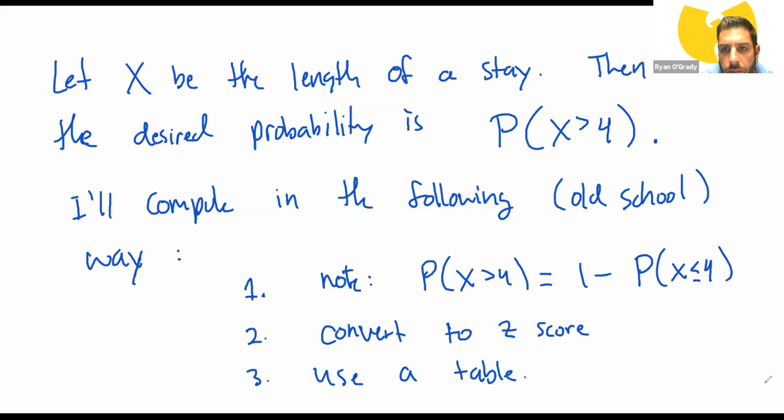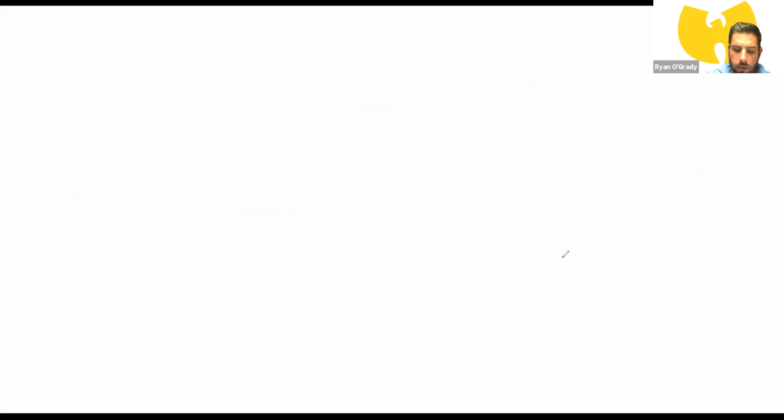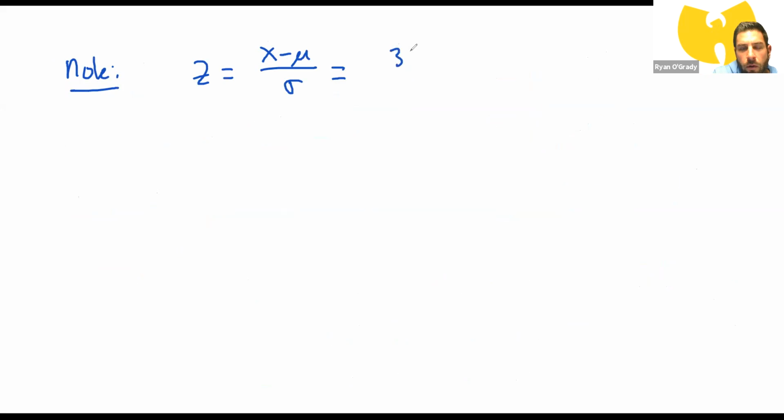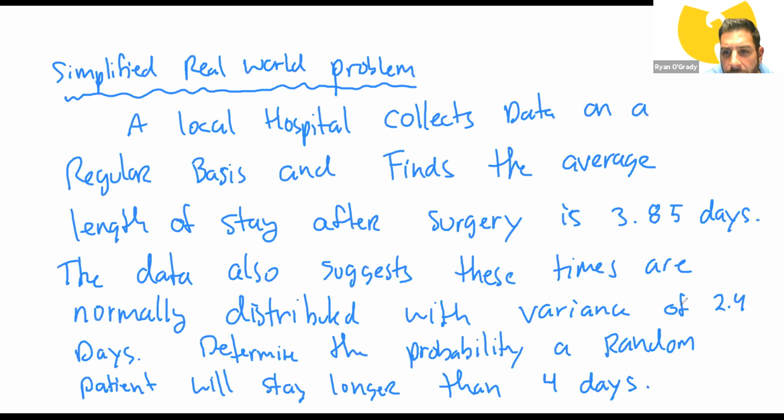All right, so here we go. So here's what I'll do. Note that z is x, which is 4, minus mu, which was, I don't remember what I wrote down for that, 3.85, and then 2.4.